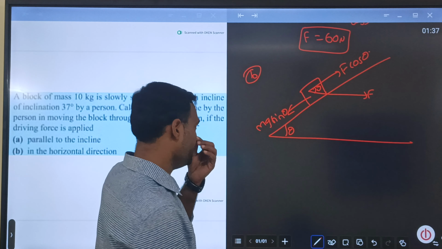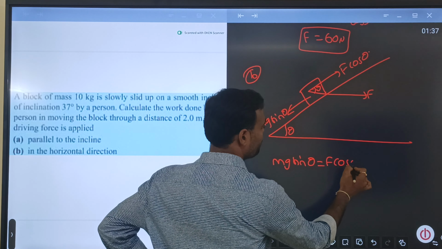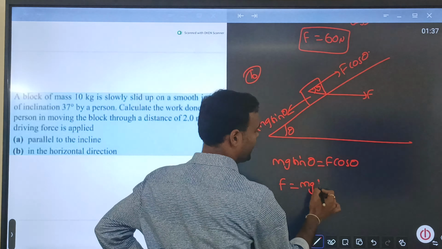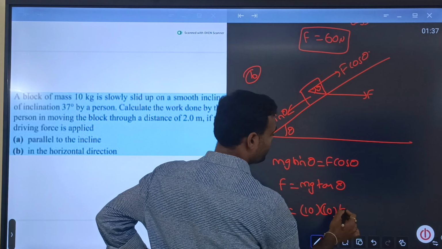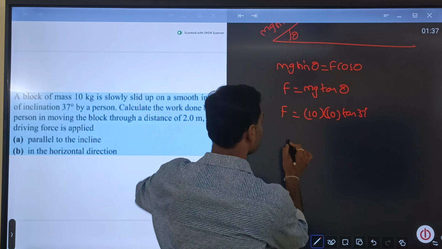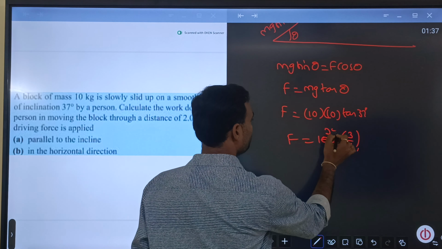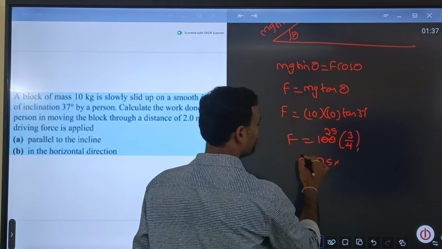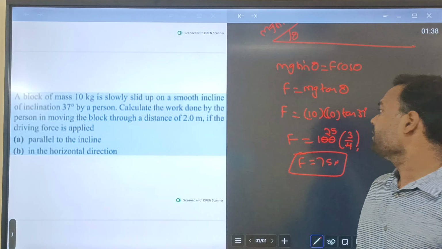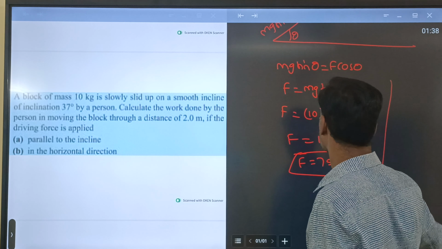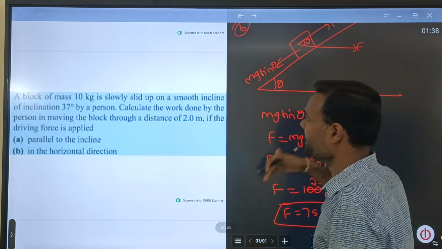Then as I told you, mg sin theta is equal to F cos theta, then F is equal to mg tan theta, and F is equal to 10 into 10 into tan 37, F is equal to 100 into 3 by 4, 25, F is equal to 75 newtons. Right? It's okay. And this is our answer for the second part.